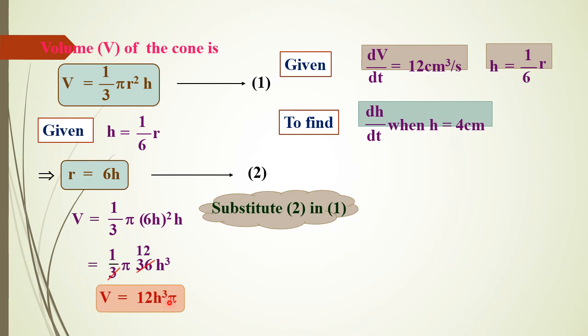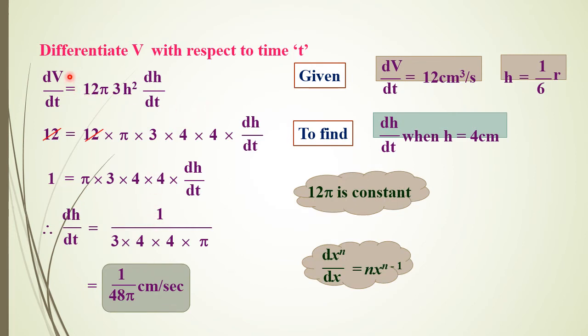Now differentiate this full term with respect to t. The differentiation of V will be dV by dt. Then 12 and pi are constant terms, so you write them outside the differentiation. Then the differentiation of h cube will be 3h square, since 3 minus 1 is 2. Then for the base h, the differentiation will be dh divided by dt.